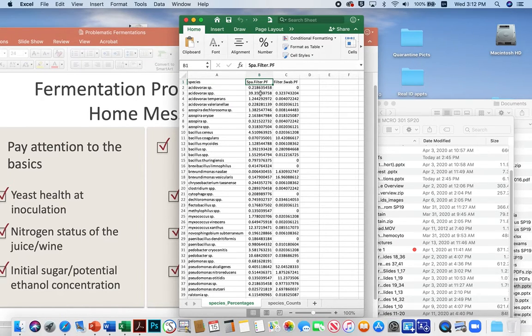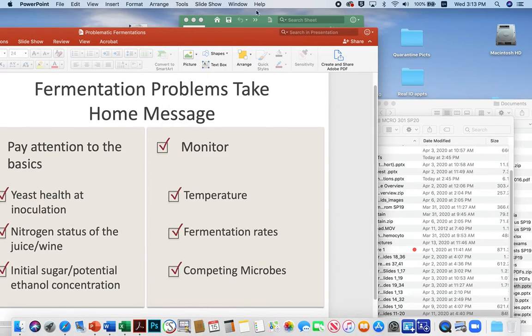I was looking for some deadly bacteria, but again, the point is that you could do this with wine juice, for example, and get a sense for who the major players are in the fermentation. Again, in this particular case, it's a swimming pool filter, but this type of technology is available. It's something that I have talked about in the lecture on tools to study wine microbes.